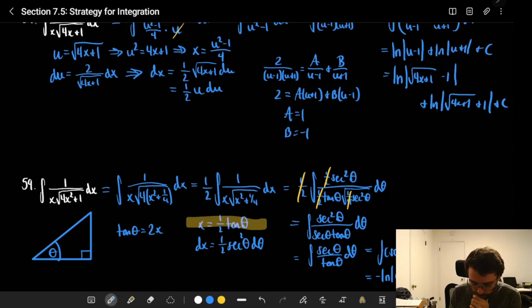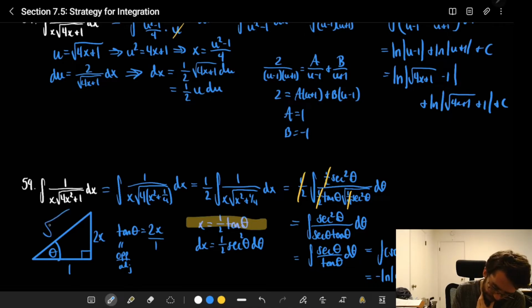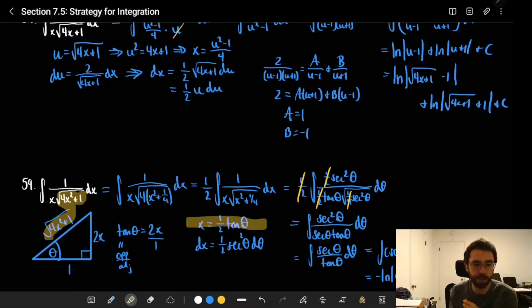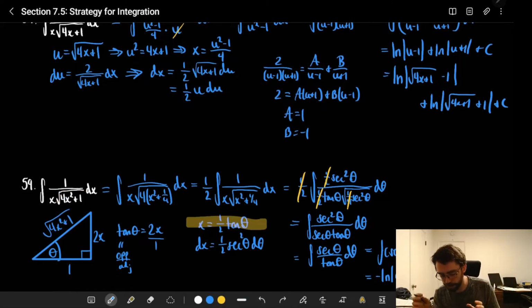So let's be a little careful. Yeah, no, that would be fine. Tangent is opposite over adjacent. Take the adjacent to be 1, why not? So that would have to be 2x over 1, right? And then this is square root of 4x squared plus 1, which is glorious, right? That matches that. So you can figure out cosecant and cotangent from there.